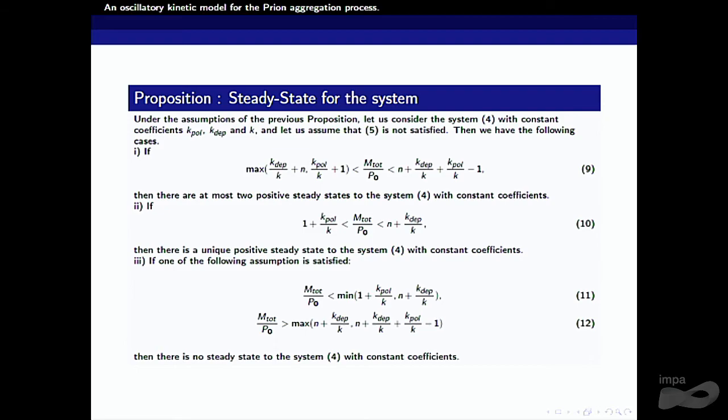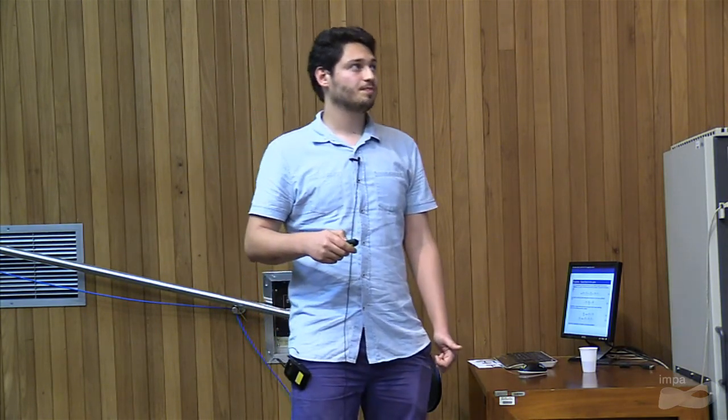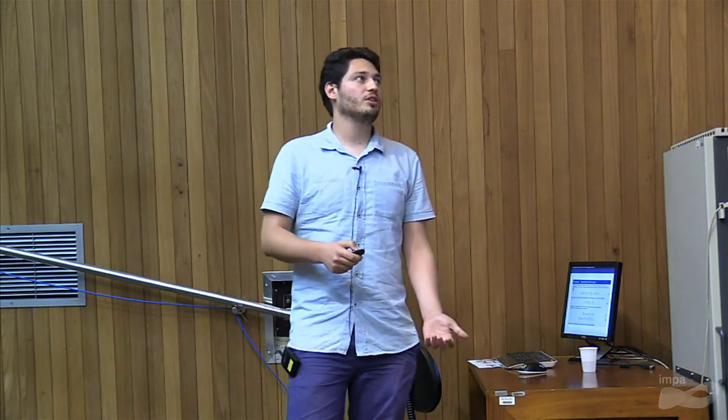Then if the initial condition respects this kind of relation, we have a unique positive steady state for the system with constant coefficients. And in the other case, if the initial condition respects these 2 inequalities, then there is no steady state in the system. So the most plausible case is only this one. Okay. So in reality we are sure that we have a unique positive steady state.